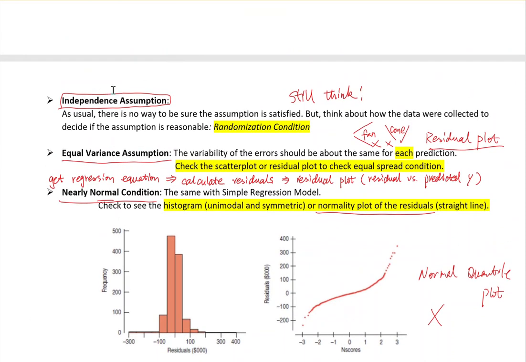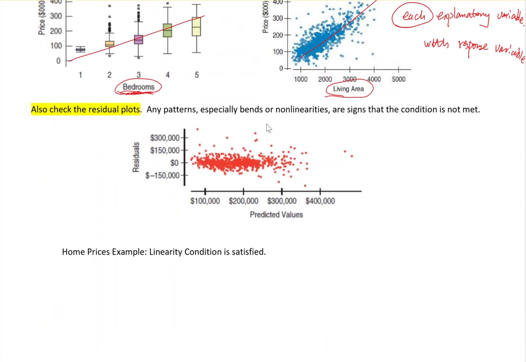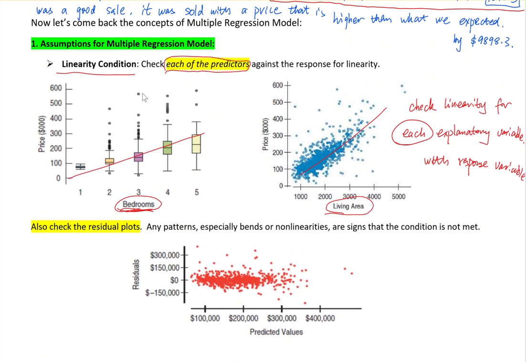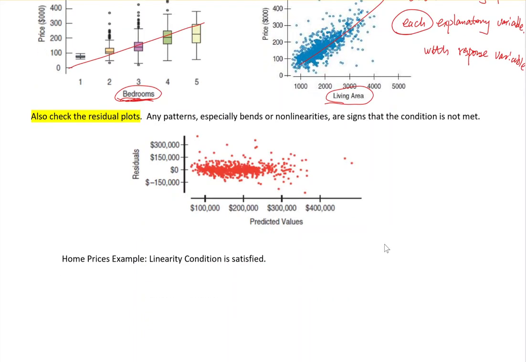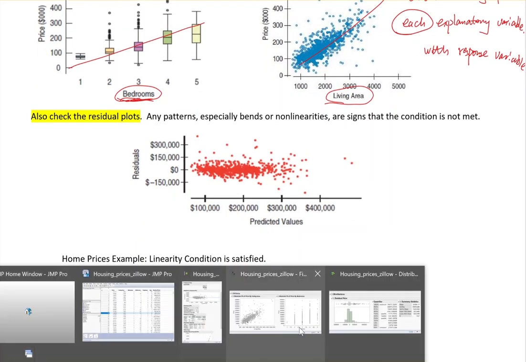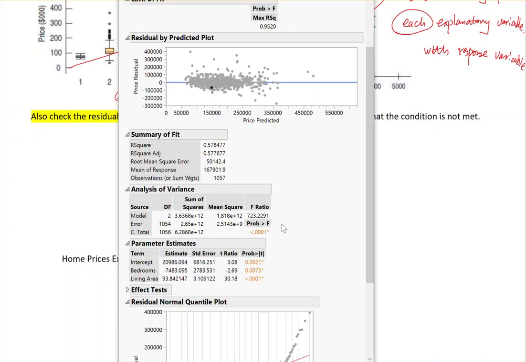Alright, and then for the independence assumption, you need to check the randomization condition. Right, and then the first one is the linearity condition. You will not only focus on one scatter plot, you need to check the scatter plot for every explanatory variable. Right, so this is the residual plot, the same as the one we had before in our output.